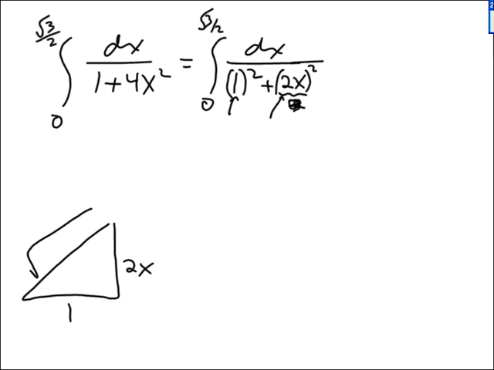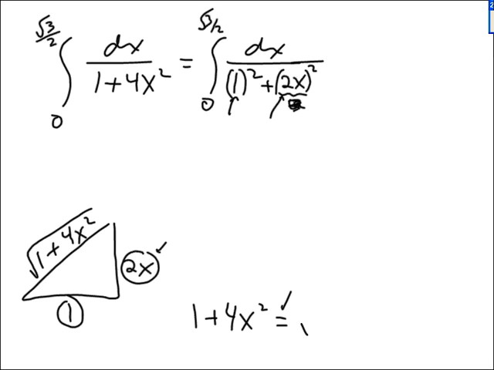And if both things are positive, that's what goes on the hypotenuse. 1 squared plus 2x squared is 4x squared. And yes, that does equal the hypotenuse squared. It really does. Okay, so we have a nice triangle.